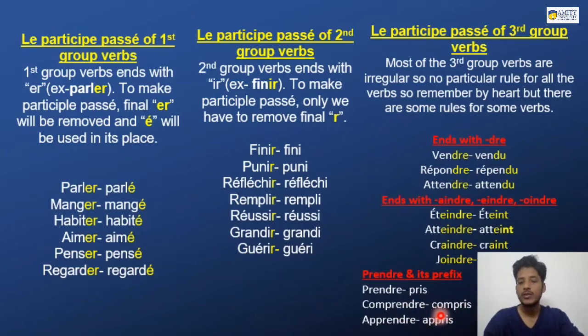And before that AP, so AP is added: appris. So if you see the verb prendre or anything added before it, like a prefix, then you have to follow this rule. I think the participe passé for third group DRE ending is clear.